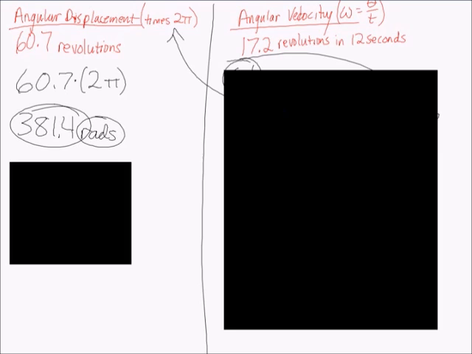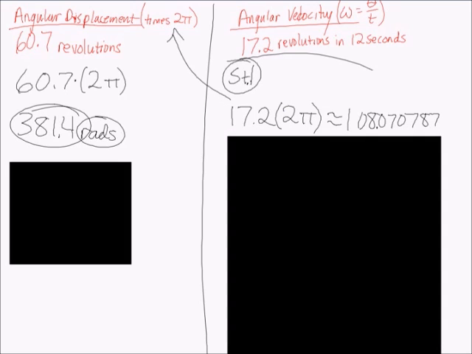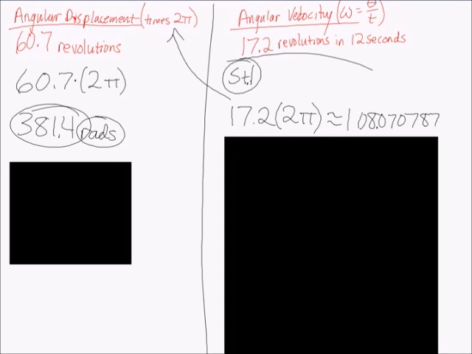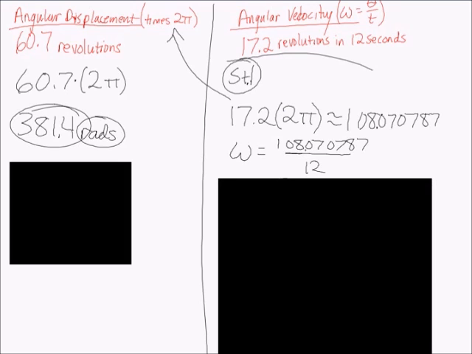Angular velocity, which is omega equals theta over t. You're going to get 17.2 revolutions in 12 seconds. So step one, you have to convert and find your radians. So it would be 17.2 times 2 pi, which is 108.070787 radians, and then just plug that into the calculator.